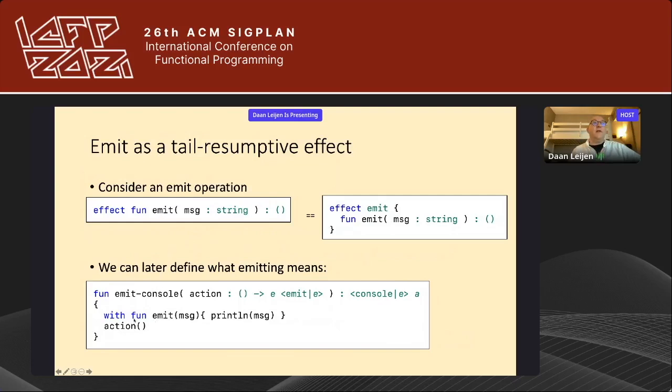So here I can already say, okay, with function emit, I'm just going to print it, right? So now we transform an emit effect into a console effect. I should actually use my pen a bit more. My emit into a console, and of course you can have many other effects, but we keep those around, right? So we just changed emit to console.